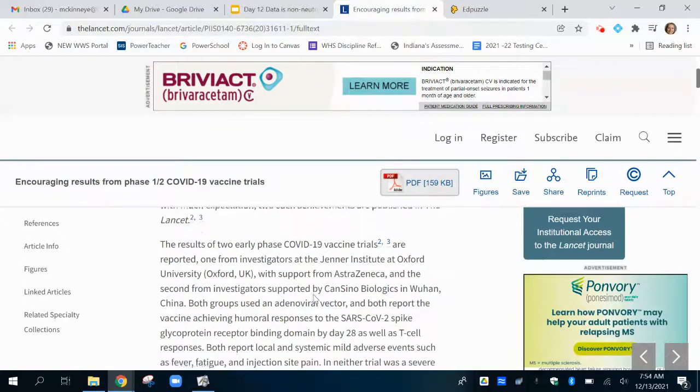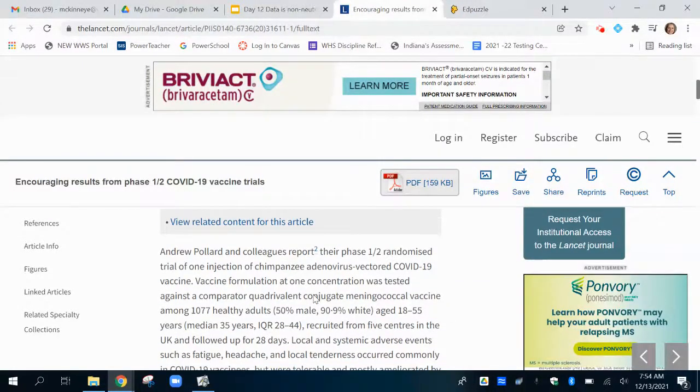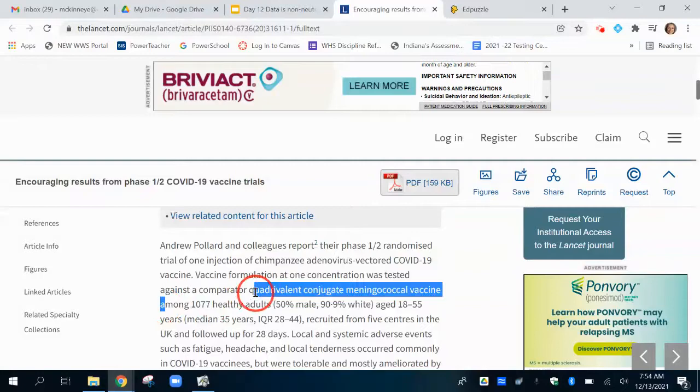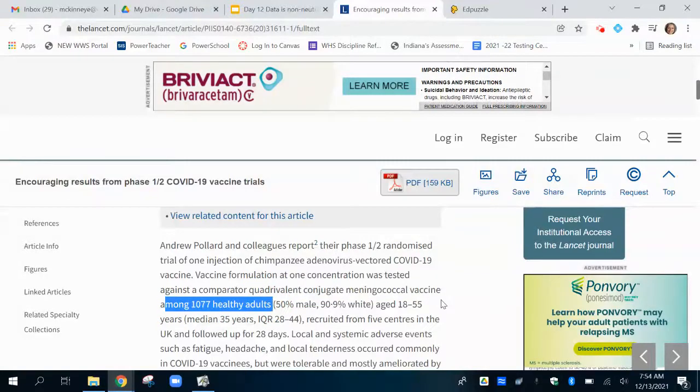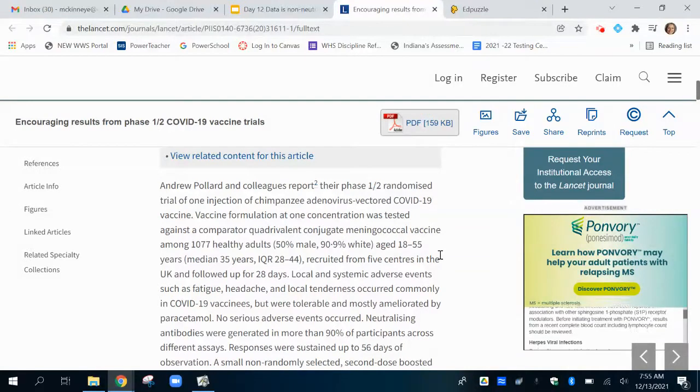But there are some things that we might be able to understand here. The sample in these early COVID results was 1,000 healthy adults. They're 50% male, which means we should assume 50% female, and the majority of them were white.